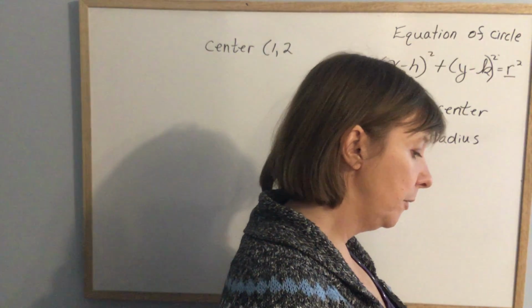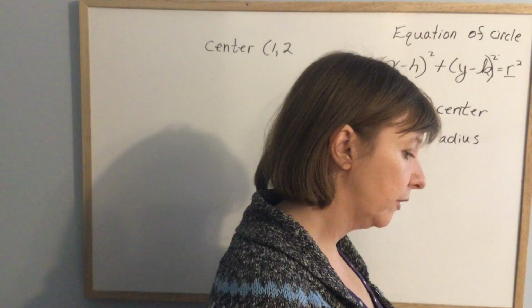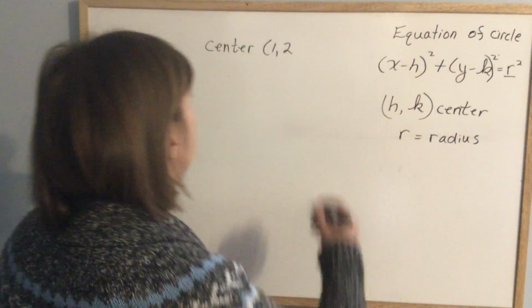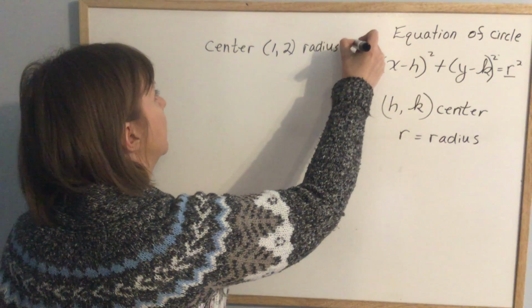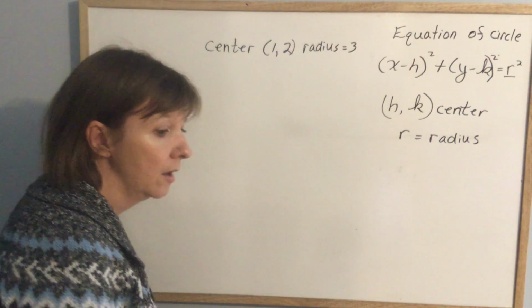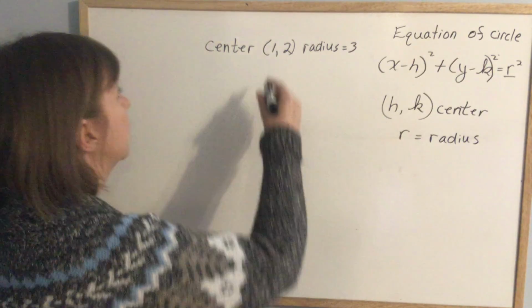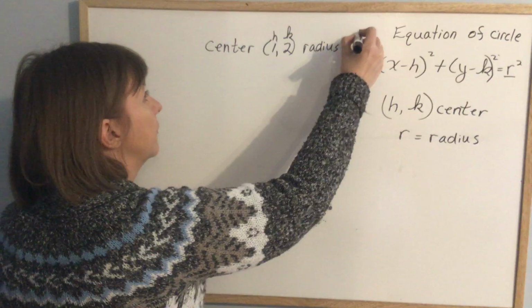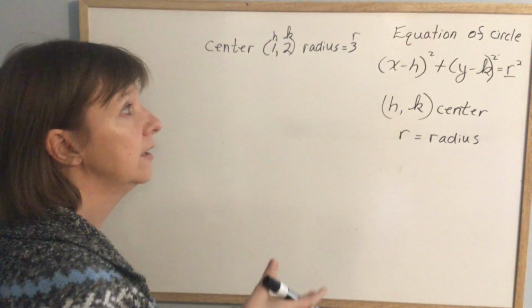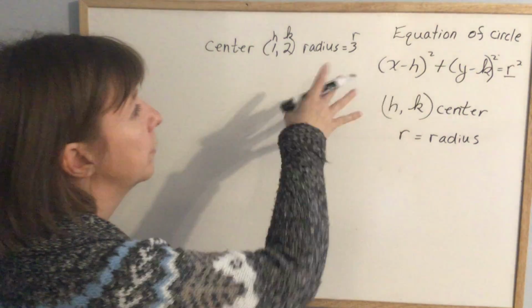So in example 1, it says determine the equation of the circle that has a center of 1 and 2 and a radius of 3. So if you're going to come up with an equation, this is my h, this is my k, and this is my r. It really is just a matter of putting the numbers in the appropriate spots.